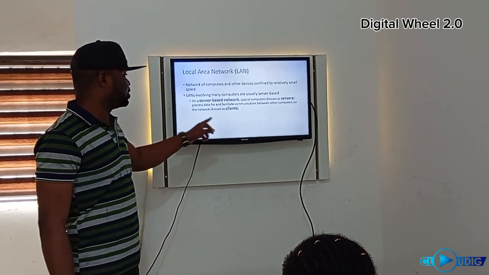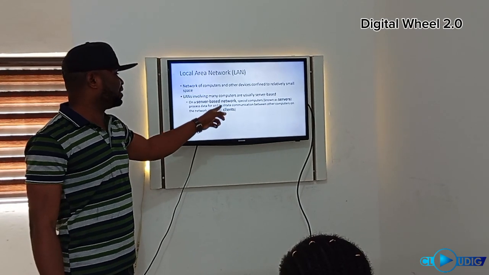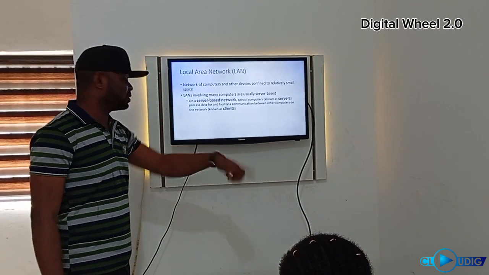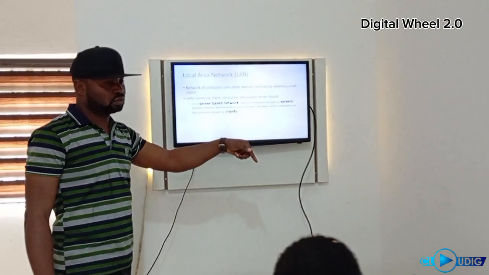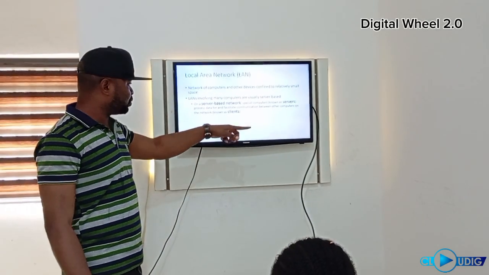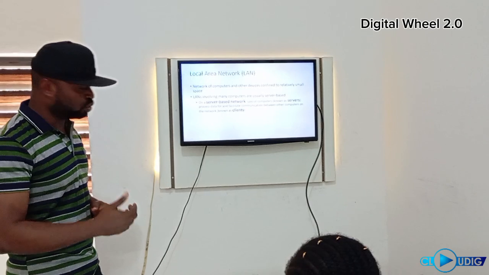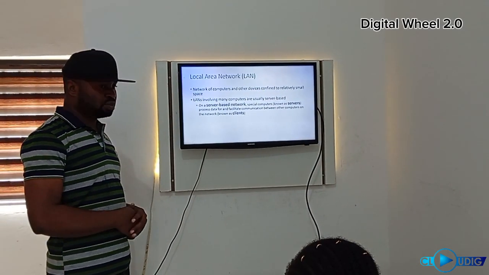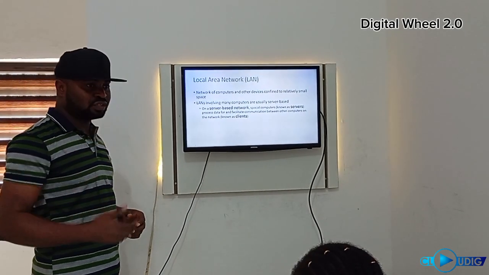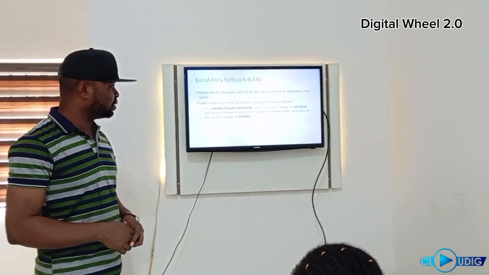So the server is a machine that processes data for, and facilitates communication between, computers on the network. So the server is what? A computer that processes data and facilitates communication between other computers and the network. So that is the server.